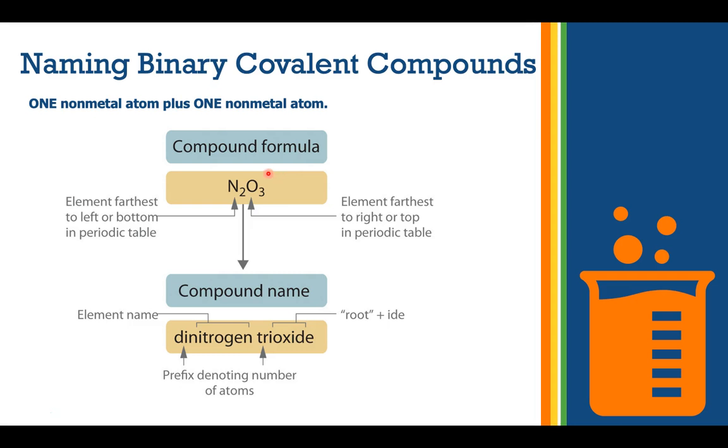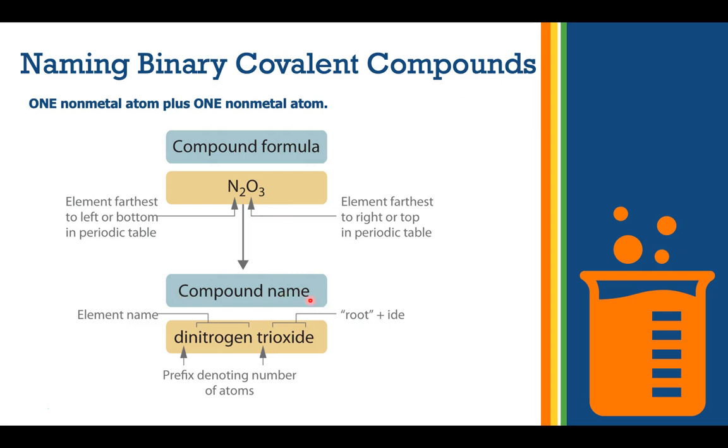Compound formula is the same thing as saying chemical formula. So the element furthest to the left or bottom in the periodic table is going to go on the left-hand side. The element furthest to the right or top, so up in this upper corner on your periodic table, whatever's closest to that is going to go on the right-hand side, okay?